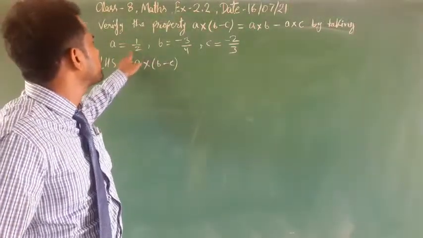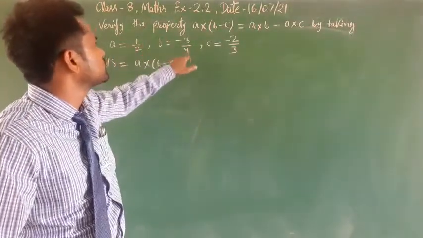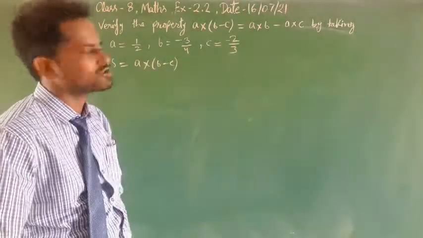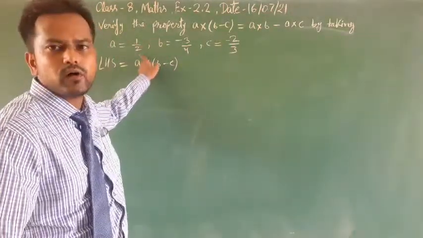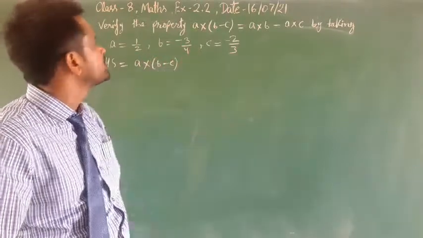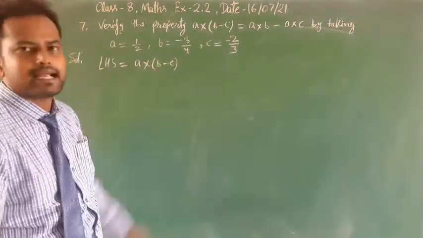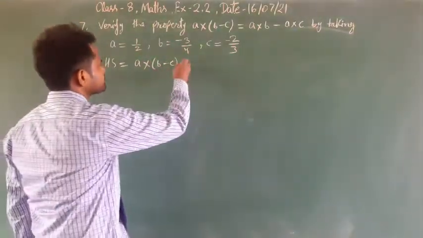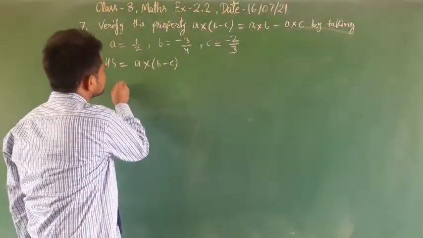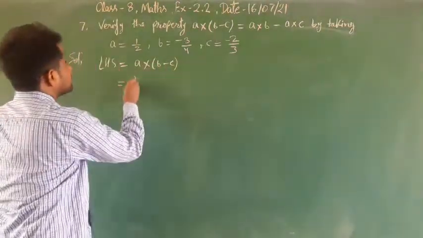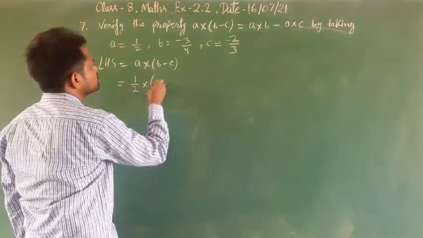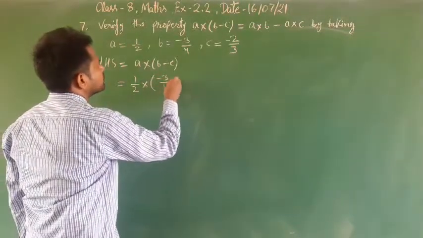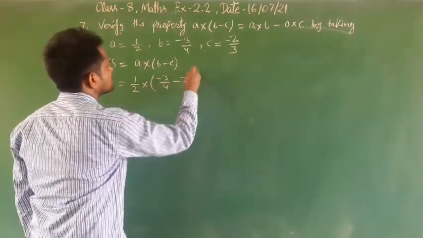So here the value of A is 1 by 2, B is minus 3 by 4, and C is minus 2 by 3. Put the values of A, B, C in the left hand side, then we get 1 by 2 into (minus 3 by 4 minus minus 2 by 3).